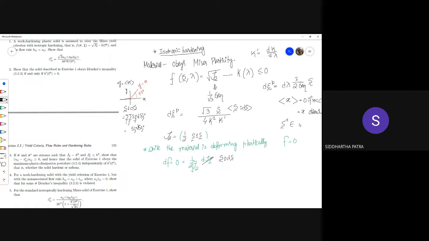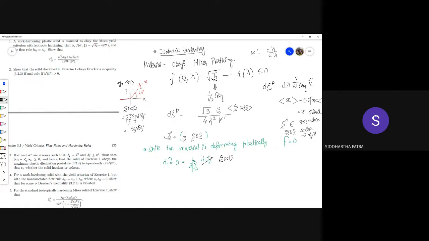Okay, so S squared is a matrix, a 3 by 3 matrix. But what we are doing over here is S inner product S, which is a scalar. This is equivalent to taking two vectors and doing a dot product.